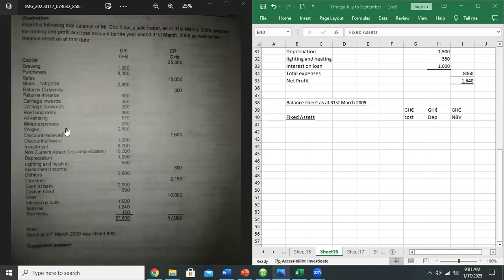What are the fixed assets here? Okay, so professors, where is our fixed asset, please? Where is it?